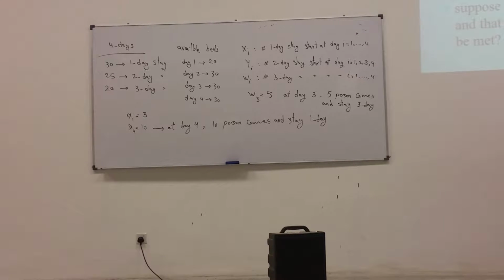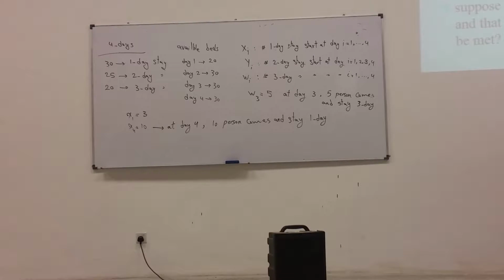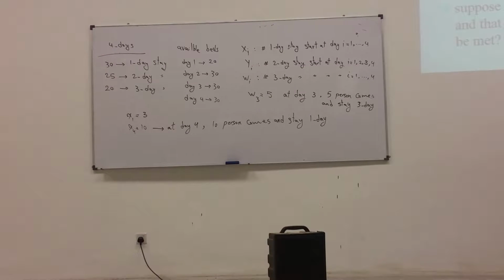Y is a 2 day stay, so when they come on the first day, they are still at the hospital. So Y1 we also have. And also W1, because W1 stay for 3 days. So when they come on the first day, they stay until day 3. This should be less than or equal to 30.